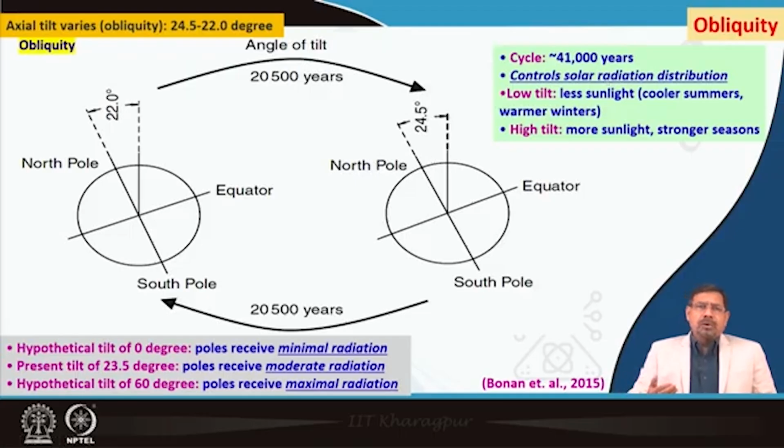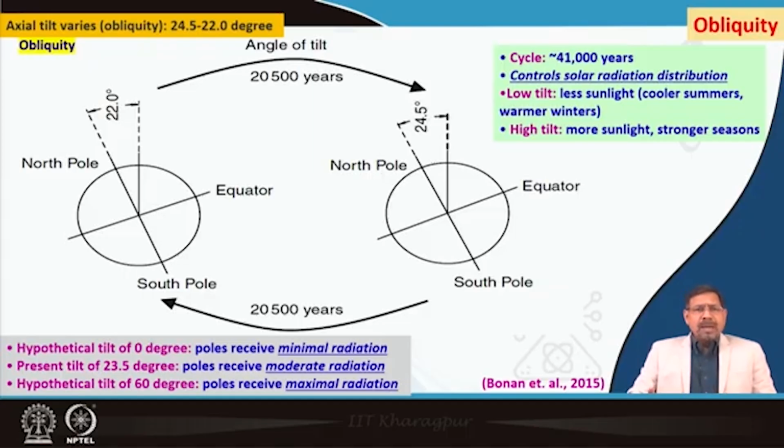So, that means when the tilt is low, that means 22.1, there is less sunlight, so cooler summers and warmer winters. Whereas if the tilt is high, that means more sunlight and stronger seasons, that means relatively strong winter and strong summer.